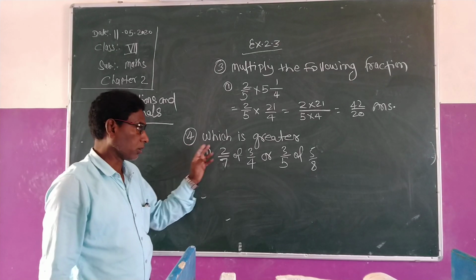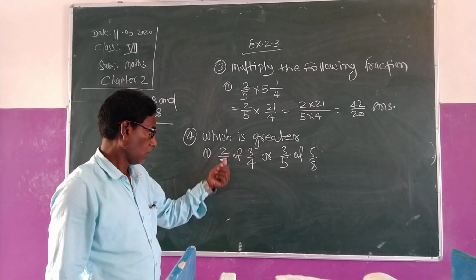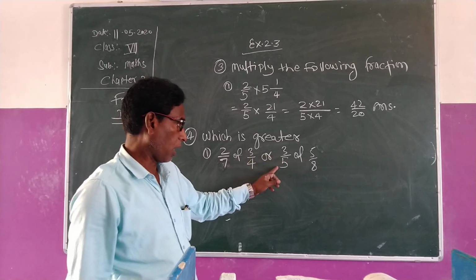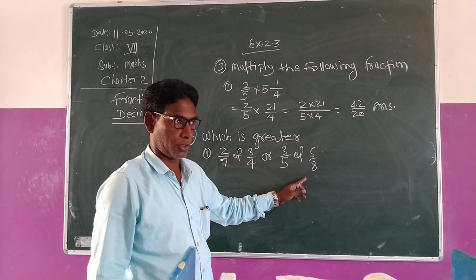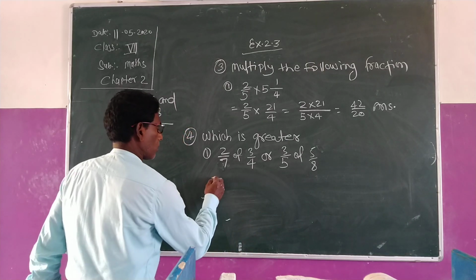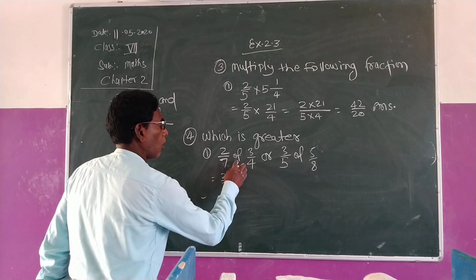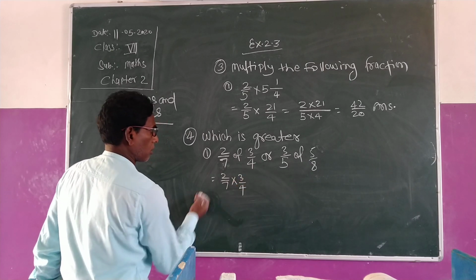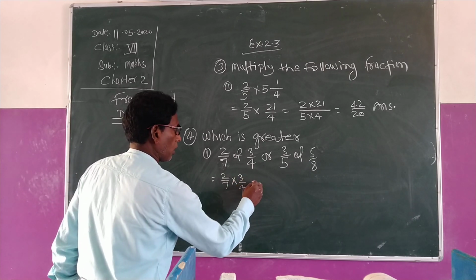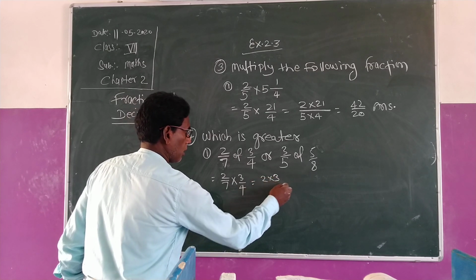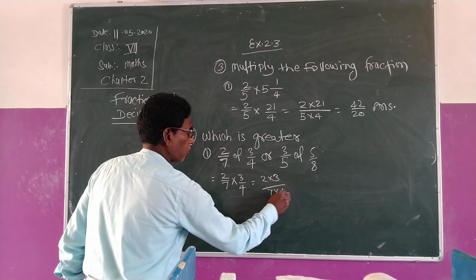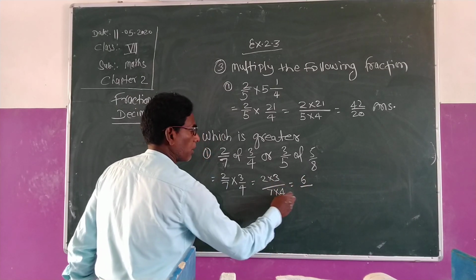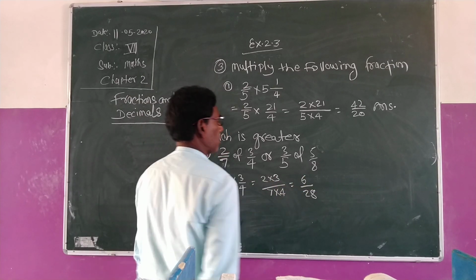Now in question 4, which is greater, 2/7 of 3/4 or 3/5 of 5/8? For it, 2/7 of 3/4 means 2/7 into 3/4, which is equal to 2 into 3 by 7 into 4, which is 6 by 28.